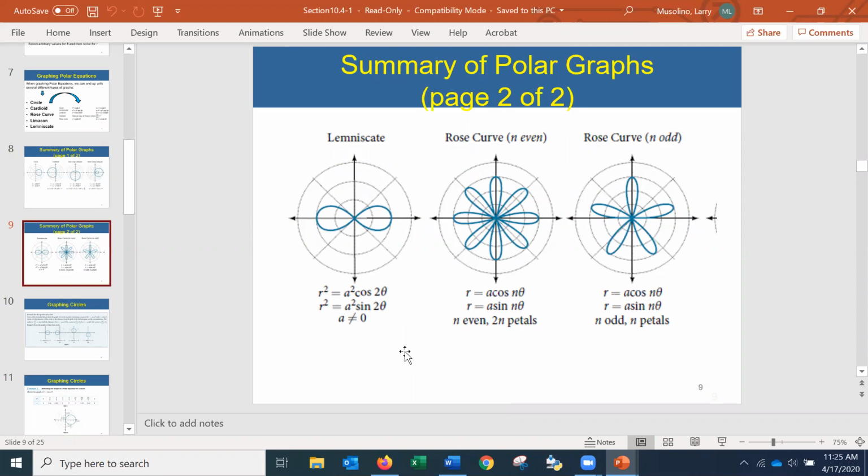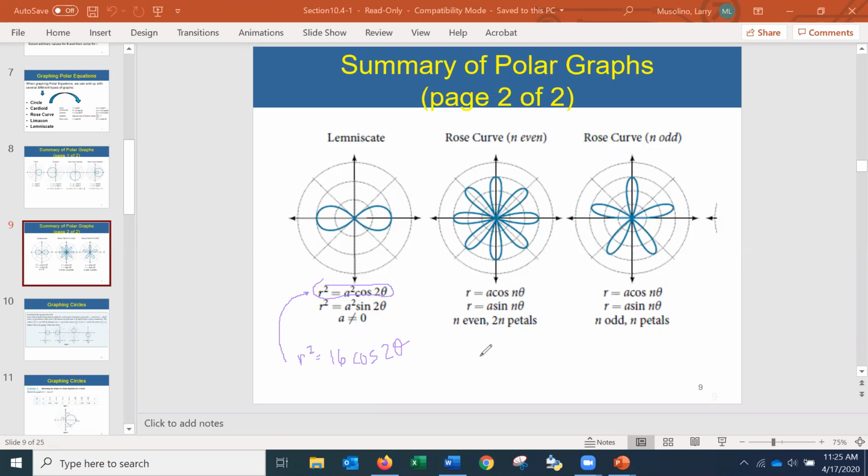You know, as an example, if my equation that I was trying to graph was r squared equals, let's say, 16 cosine 2 theta. Well, that matches up to this kind of a graph right here, to this kind of an equation, I should say.